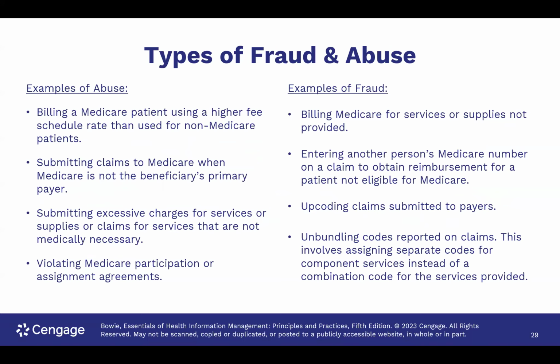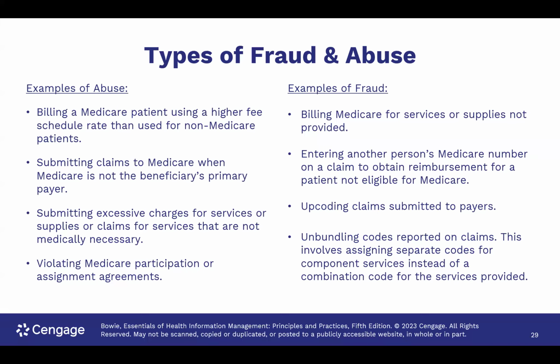Let's take a look at some of the different types of fraud and abuse. We'll start with abuse first. Abuse is billing a Medicare patient using a higher fee schedule rate than used for non-Medicare patients. It's a business practice. It's not on the same level as fraud, right?